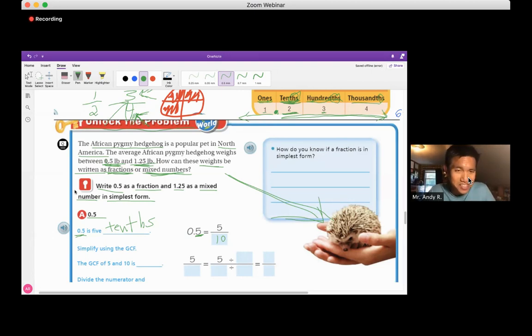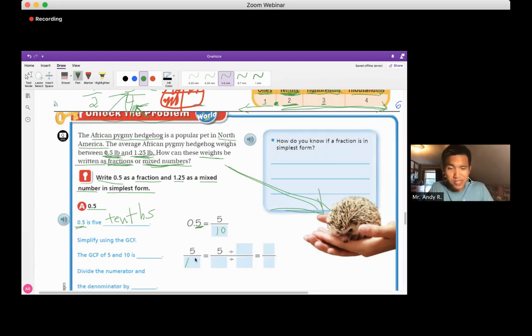I mean, anything can divide by 1, but what else can divide 5 and 10? Yes, 5. So 5 over 10, we can divide both the numerator and denominator by 5. 5 divided by 5 is 1, and 10 divided by 5 is 2.